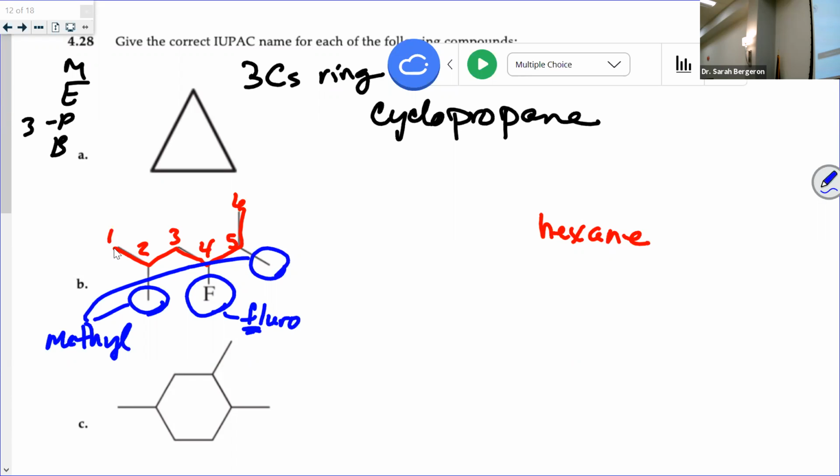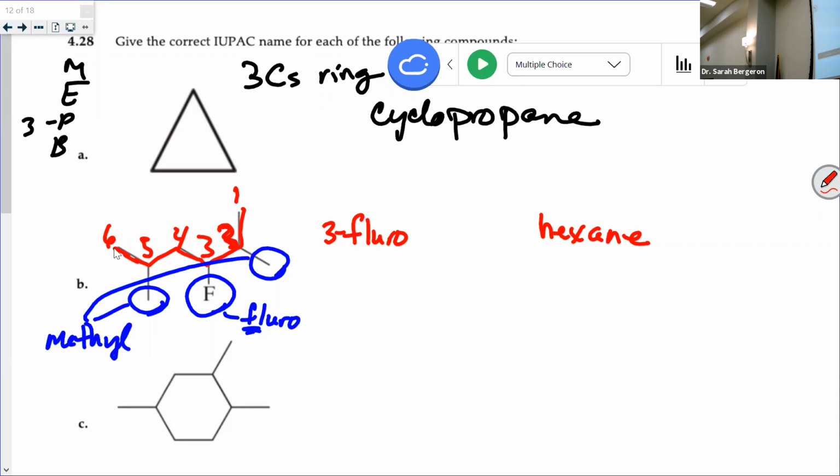So with my numbering scheme, does that work? No. So I'm going to have to change my numbers. So how should I do that? I should start numbering from the other end, right? 1, 2, 3, 4, 5, 6. So now my fluoro is on 3. So that's 3 fluoro.